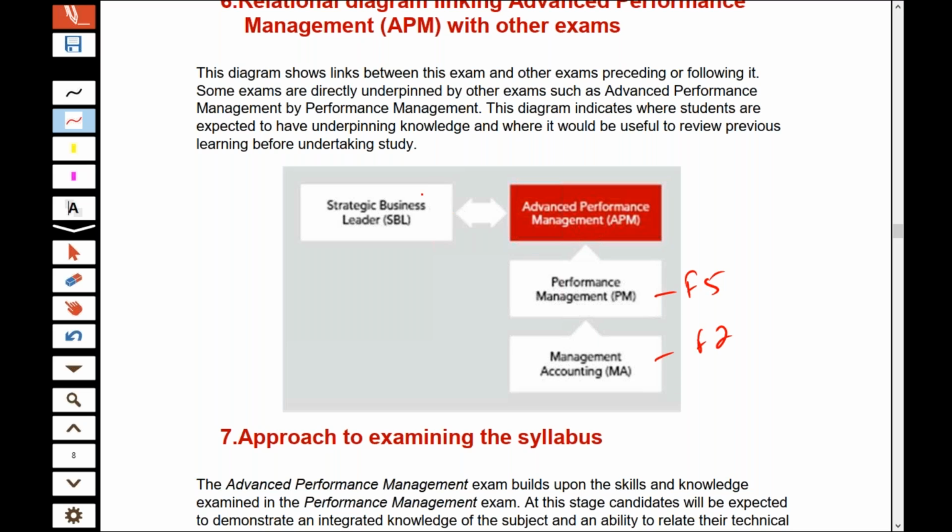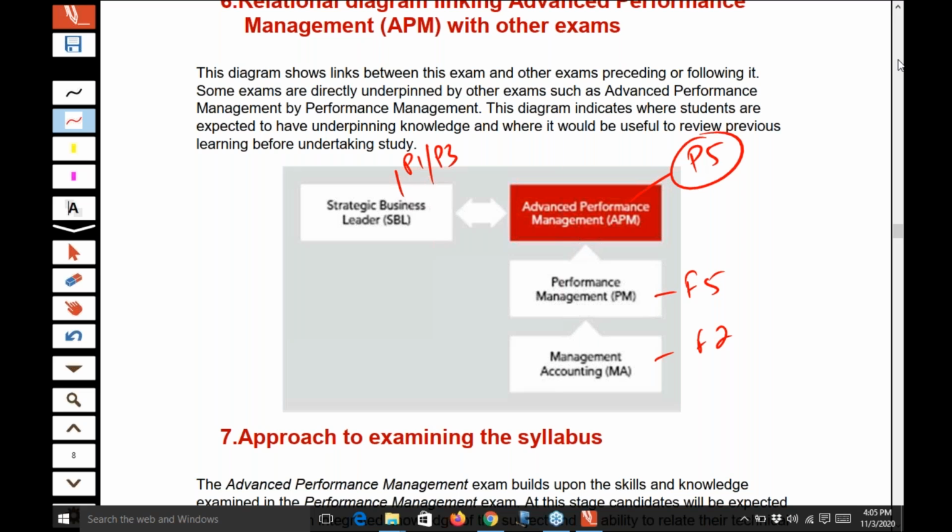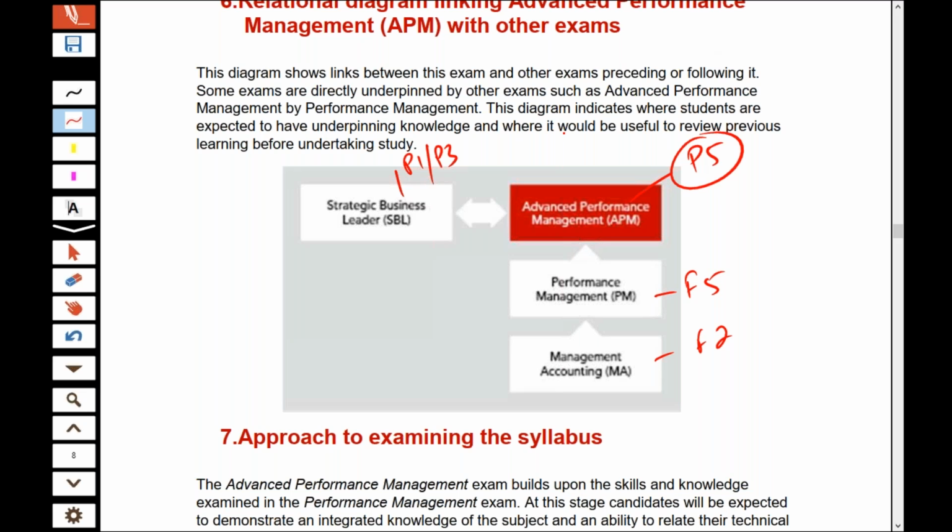This is the F2, this is the old version of P1 and P3, and this is the P5 itself.